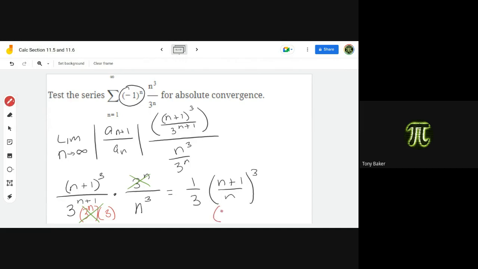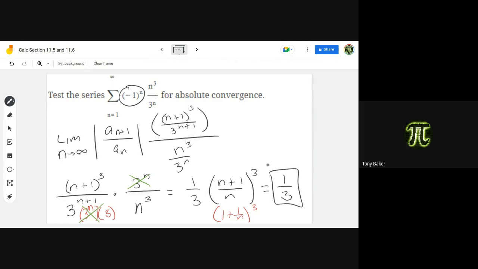I can then change this to 1 plus 1 over n, to the third power. So as n goes to infinity, what's happening? The 1/3 stays the same, right? That 1 stays the same. 1 over n goes to 0. So 1 to the third power is 1, times 1/3 is 1/3.